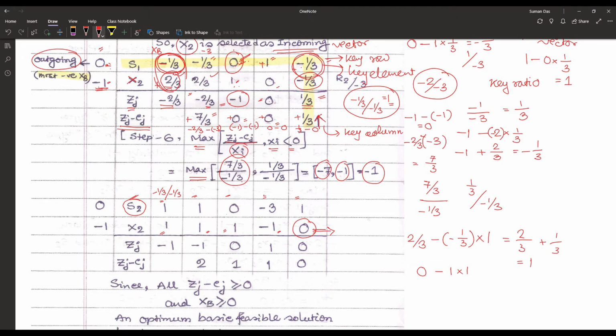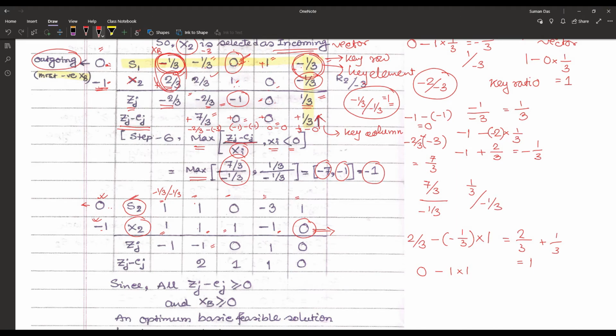Now for S2, the coefficient was 0, that is our CB. For X2, the coefficient was minus 1. Now Zj: 0 into 1 plus minus 1 into minus 1, that is minus 1.